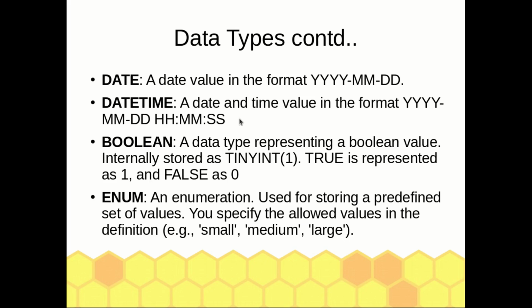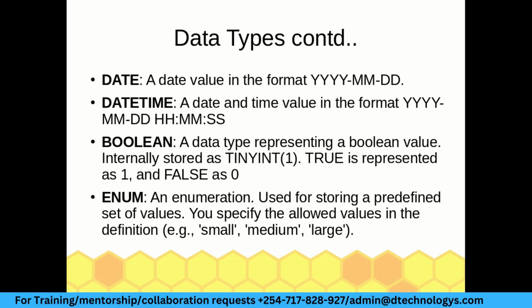The other data type we have is Boolean, which represents either true or false. You can define it as true or false, and they can also be represented by 1 and 0. So that's another data type that we are going to interact with when we are talking about models.